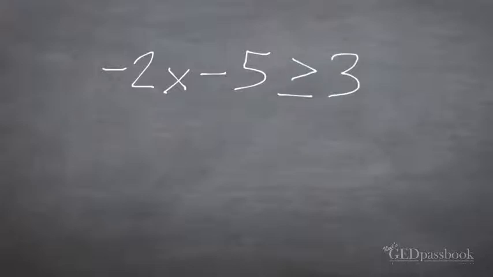So there is one difference that you might come across. No, that you will come across, I should say. Okay, so we have this expression right here. Negative 2x minus 5 is greater than or equal to 3.